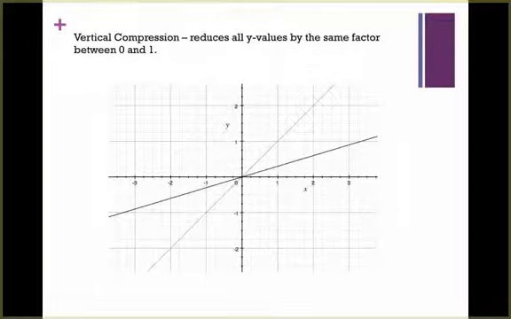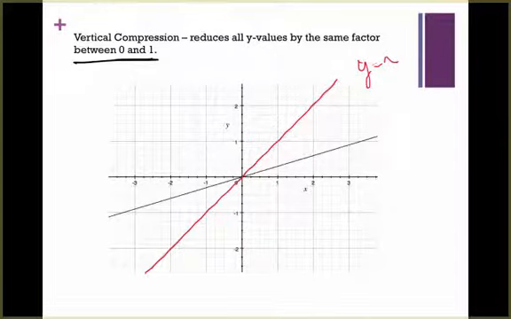Now, if we do a vertical compression, it's the same as a vertical stretch, except we are going to multiply by a number between 0 and 1. So again, let's say that this first graph, and we'll highlight it in red this time, is my graph y equals x. Well, notice this graph that was at 1, 1 is now at 1 and then maybe a fourth, and then there's 2, 1/2, and 3, 3/4.